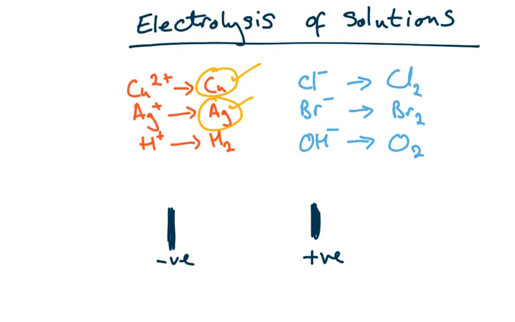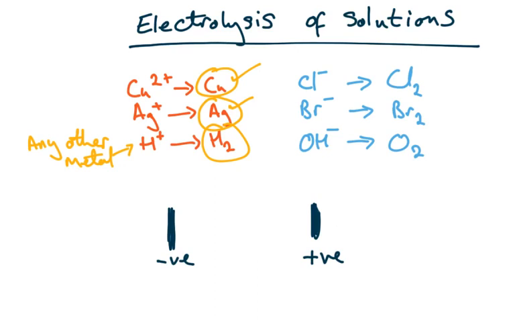If it is any other metal, literally any other metal, then what you're going to see is hydrogen. So if it says copper in the chemical formula, if it says silver in the chemical formula, that's going to be the metal that comes off. If it says any other metal, then you are looking for hydrogen gas coming off.